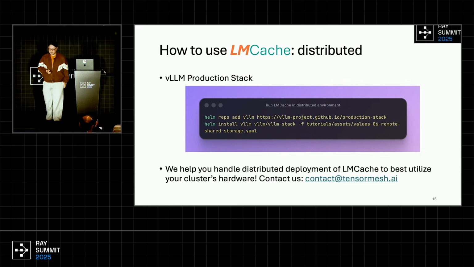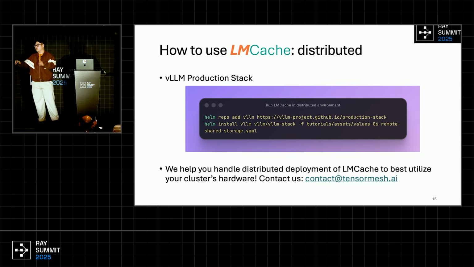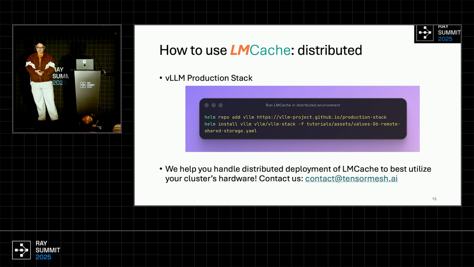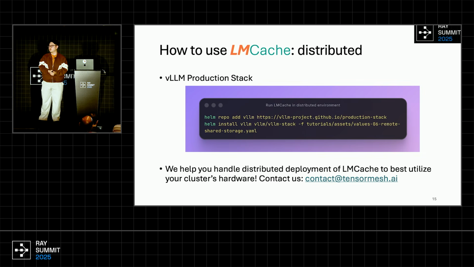For the distributed scenario, of course, distributed deployment is always tricky, but we try to make it easy through our own vLLM production stack project. We have Helm charts available for Kubernetes versions of distributed deployments. Because we know that LMCache is tricky to deploy, and different clusters need different storage solutions and have different limitations.